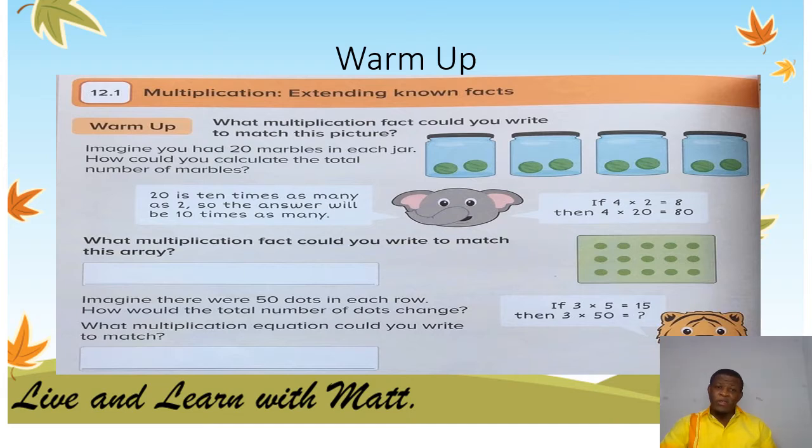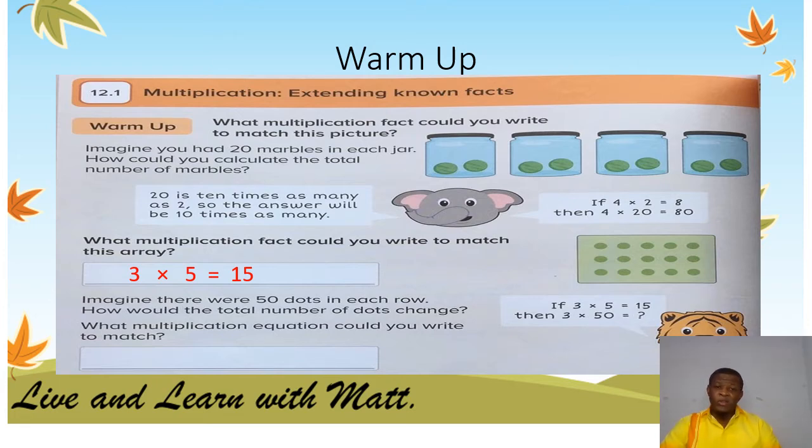Now, what multiplication fact could you write to match this array? That's correct. So we have 3 times 5. So 3 times 5 equals 15. Now, imagine there were 50 dots in each row.